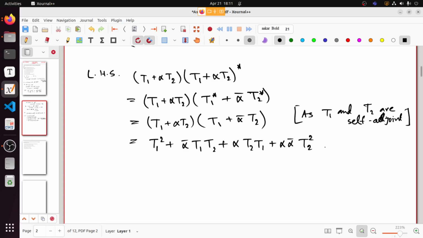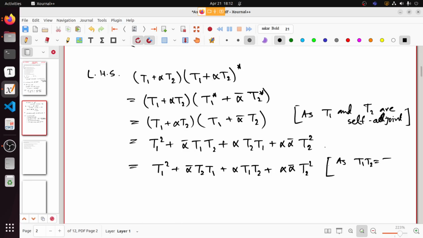And now use that T1 commutes with T2, which means T1 square plus alpha bar T2 T1 plus alpha T1 T2 plus alpha bar T2 square, because they commute, right? As T1 T2 equals T2 T1.